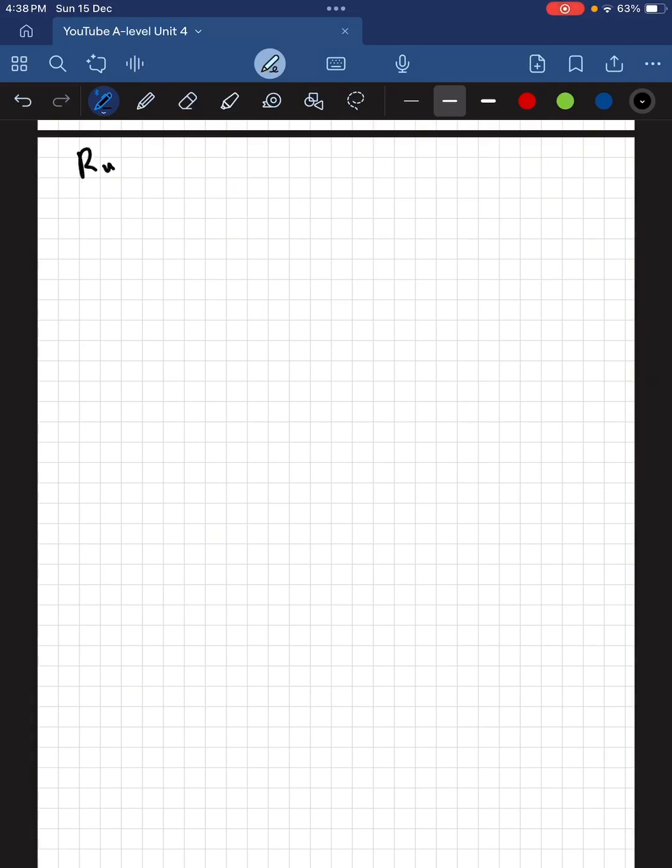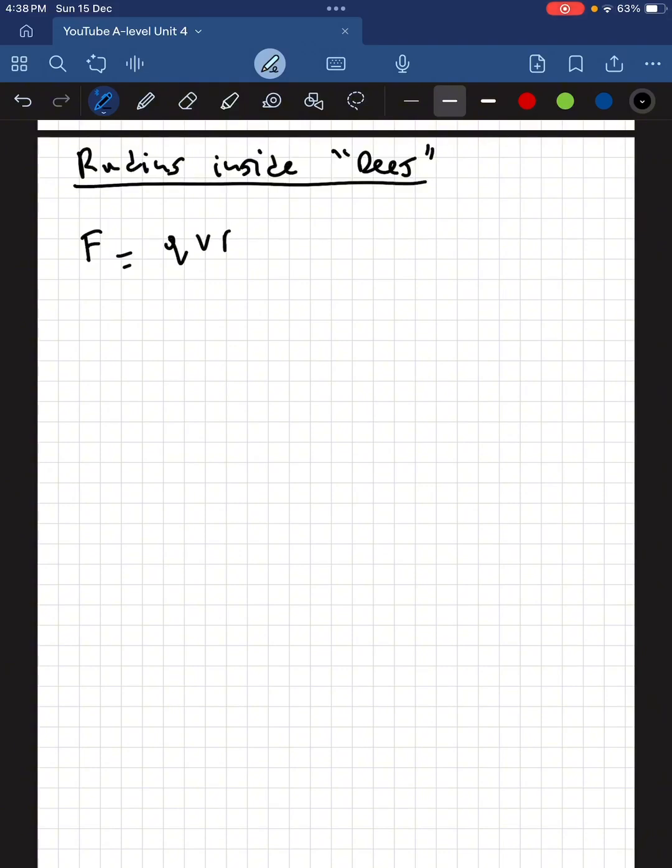So radius inside Ds. Okay, recall that the force that makes the charged particles undergo a circular motion is a centripetal force equal to qvB.